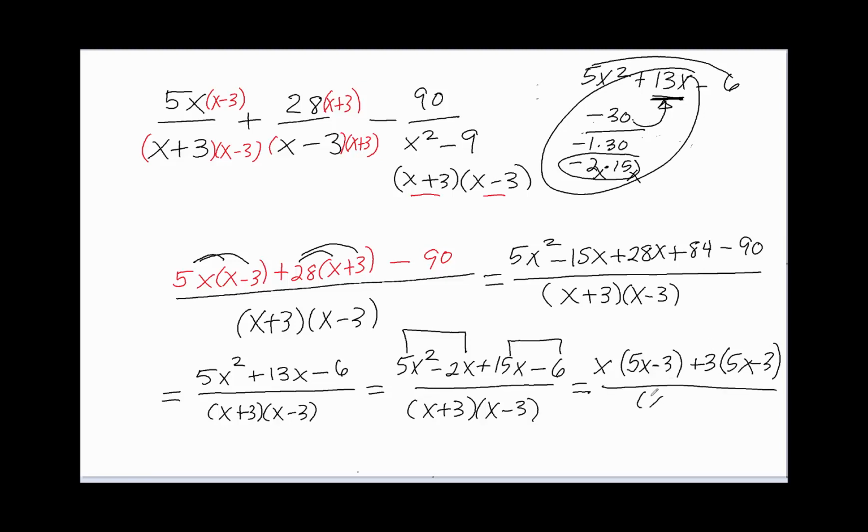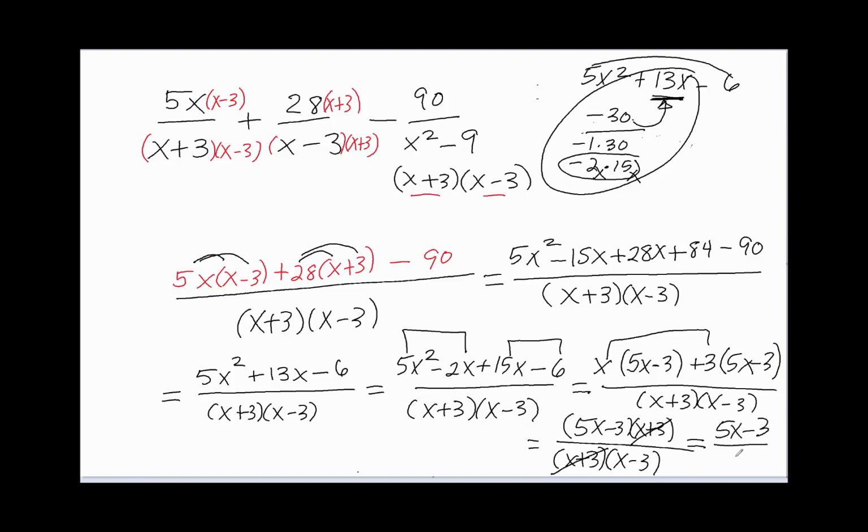Okay? So I've got an x plus 3 and an x minus 3. And now when I pull out my common factor, 5x minus 3, left over is the x and the 3. So x plus 3. That's over (x plus 3)(x minus 3), and those factors will divide out and leave me with 5x minus 3 over x minus 3.